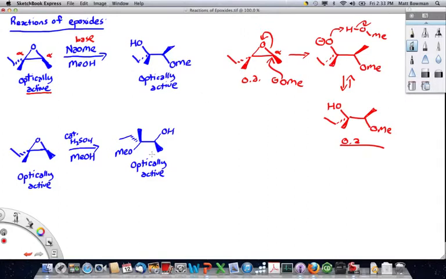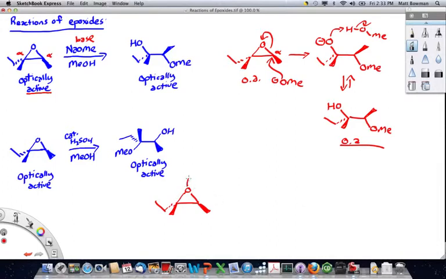Now, in the bottom case, we're under acidic conditions. Methanol is too weak of a nucleophile to open this epoxide up on its own.